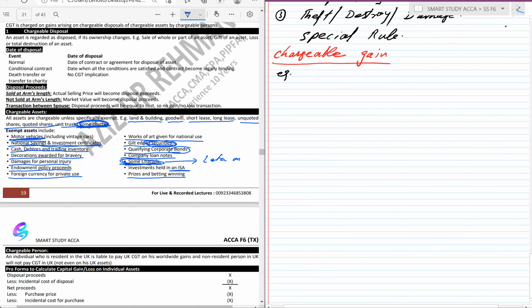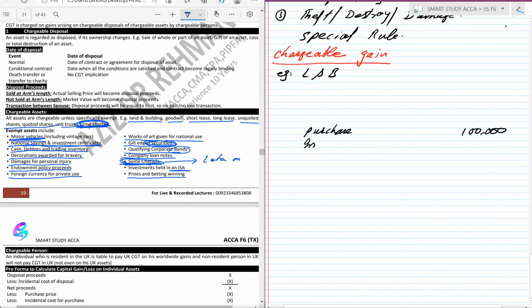Let's consider it with the help of an example: land and building. Suppose I have purchased land and building for 100,000 pounds. The purchase price of the land and building is 100,000 pounds.